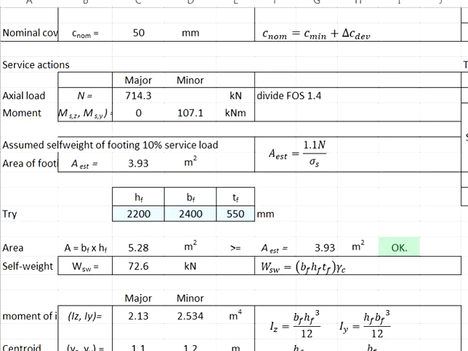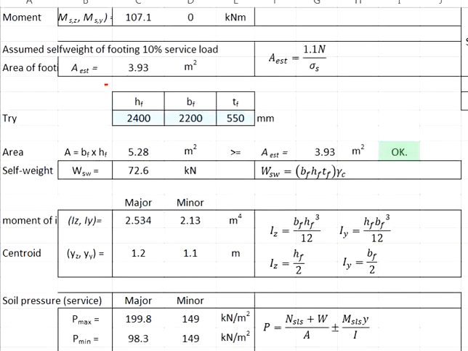Let us try this size for the pad footing: 2.2 meter, 2.4 meter, and 0.55 meter. Since we have the moment in the minor axis of the column, now the minor axis theoretically will have a longer width as far as the pad footing is concerned.